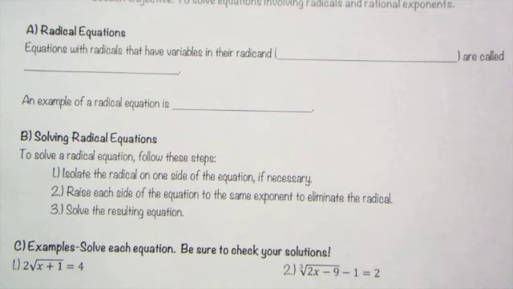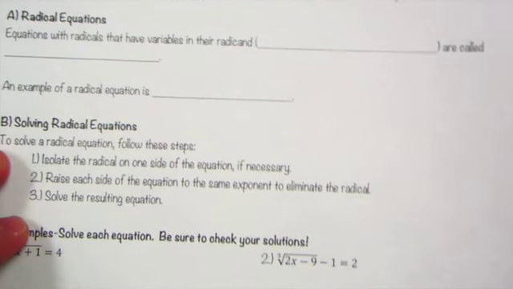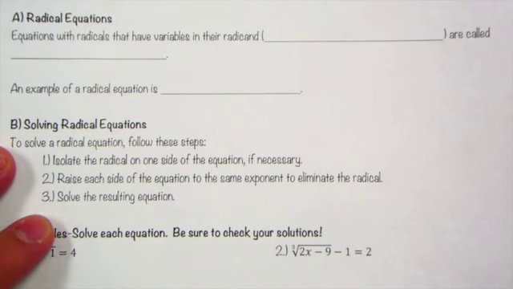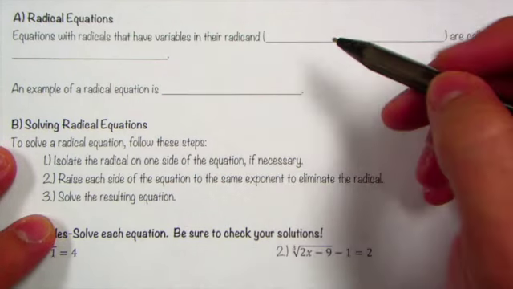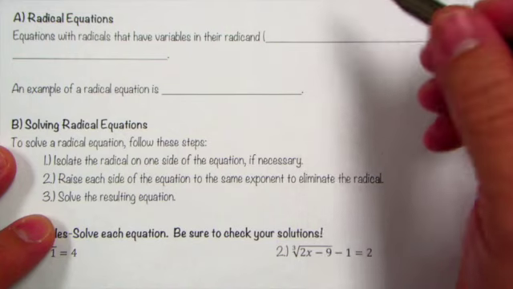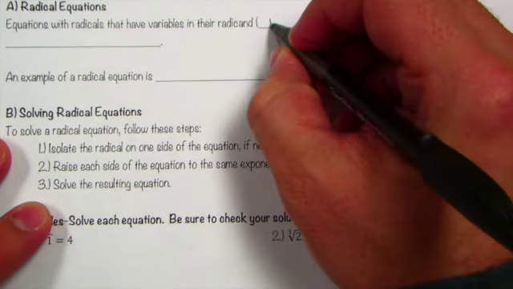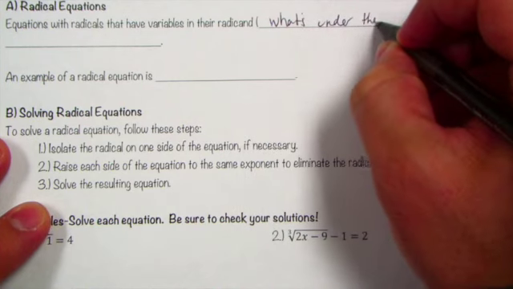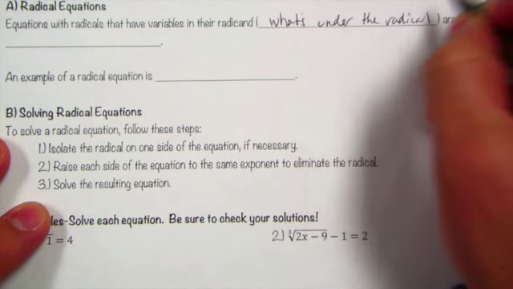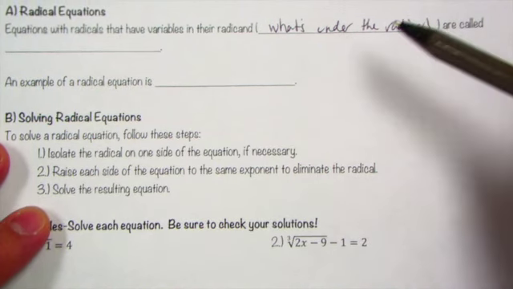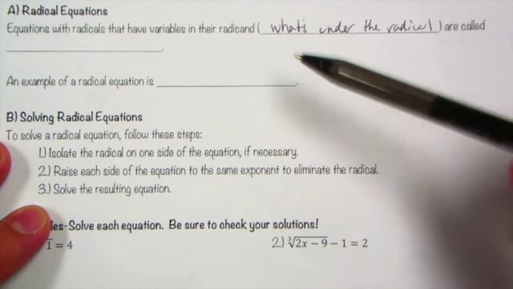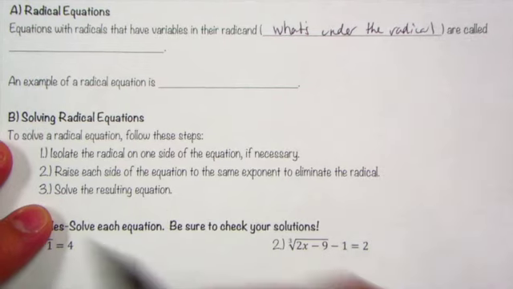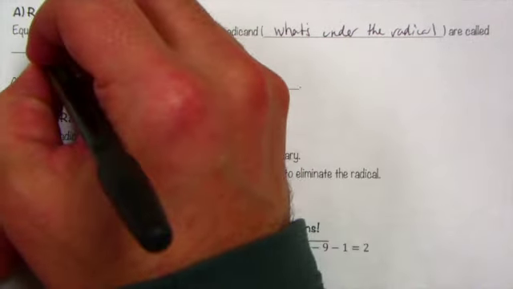So, anyways, radical equations. Radical equations are equations with radicals that have variables in the radicand, or what's underneath the radical. So when you hear the word radicand, it's what is underneath the radical.